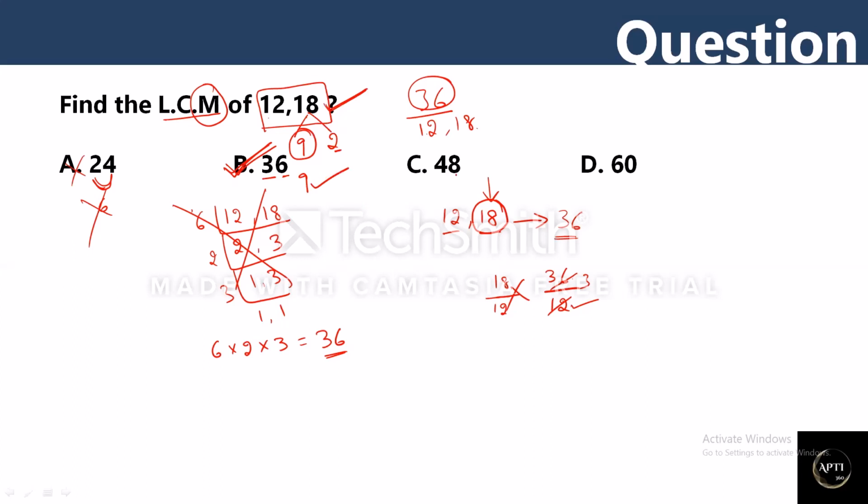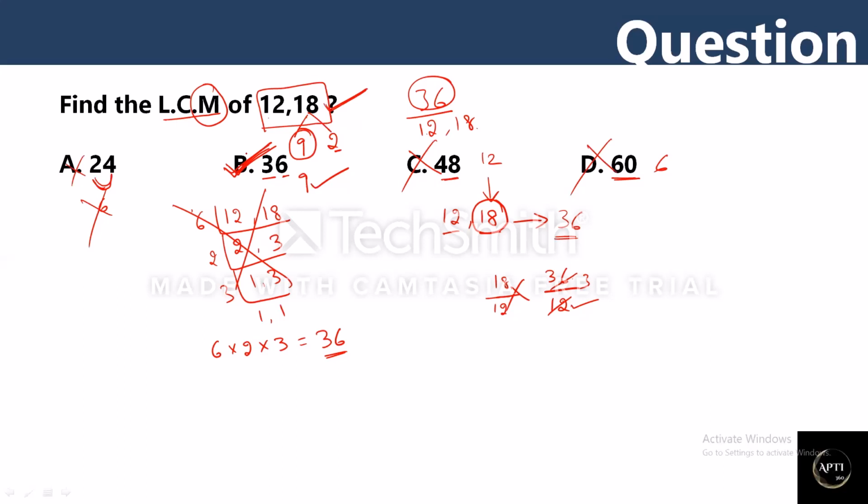Now 4 plus 8 is 12. This does not satisfy, because 12 is not divisible by 9. Next, 6 plus 0 is 6. Again this does not satisfy the divisibility rule of 9. So the only option which satisfies the divisibility rule of 9 is 36. Just by looking at the values, if it is 18, we need to cross check with the divisibility rule of 9 and see which option is satisfied.